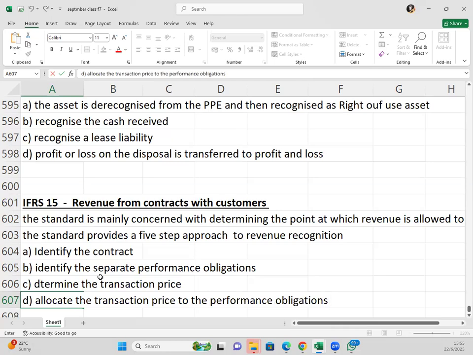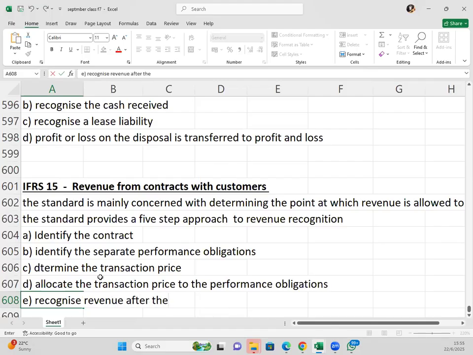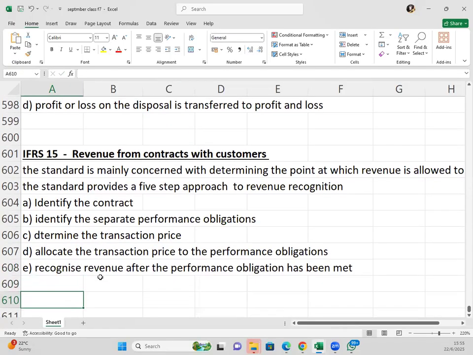So for you to recognize revenue, there is a 5-step approach. We have now 1, 2, 3, 4. The last one is that we recognize revenue after the performance obligation has been met.